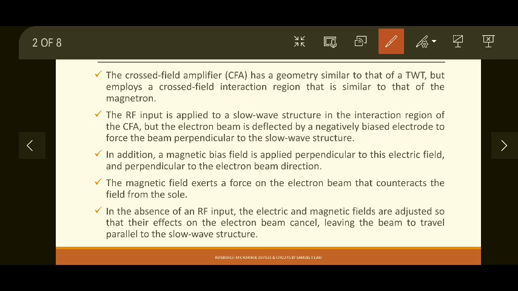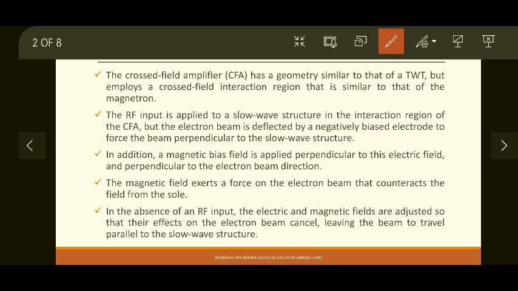How? Let's see that. The magnetic bias field exerts a force on the electron beam that counteracts the field from the sole. The sole electrode is forcing the electron beam to deviate in a perpendicular direction. If it moves in the perpendicular direction, then it can work as an oscillator.